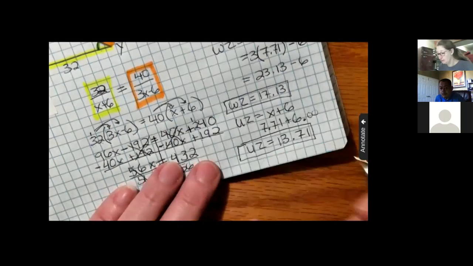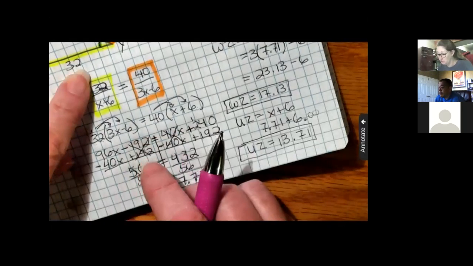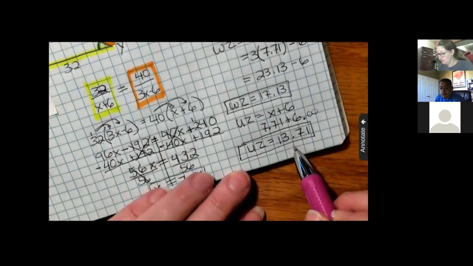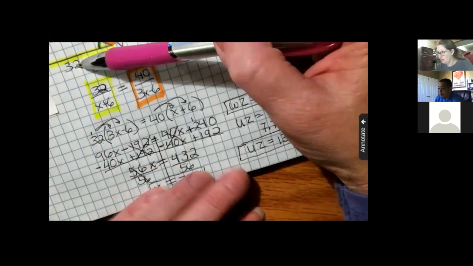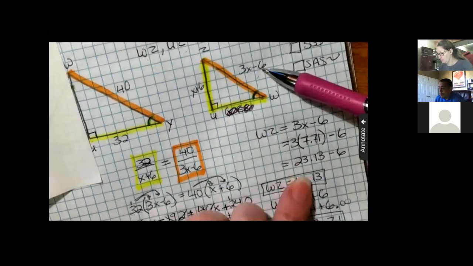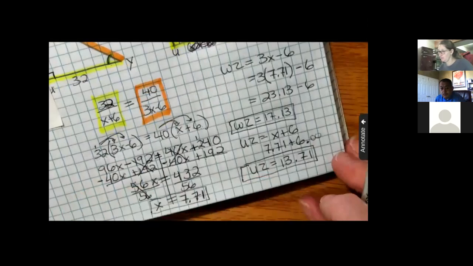Now, does that make sense? Well, this one's 32, this one's 13.71. That does make sense because this side is bigger than this side, and this side, 17.13, is bigger than this side, 13.71. So I did it correctly.